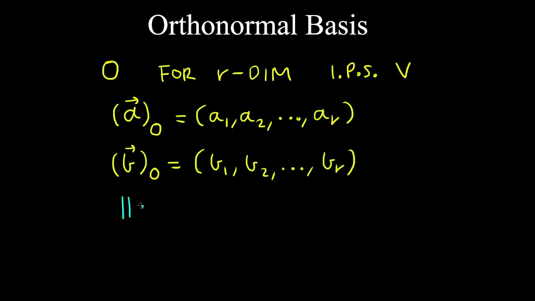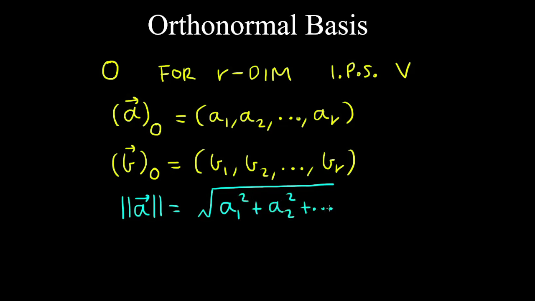Then the norm of A is the square root of the sum of its components squared up to AR squared.